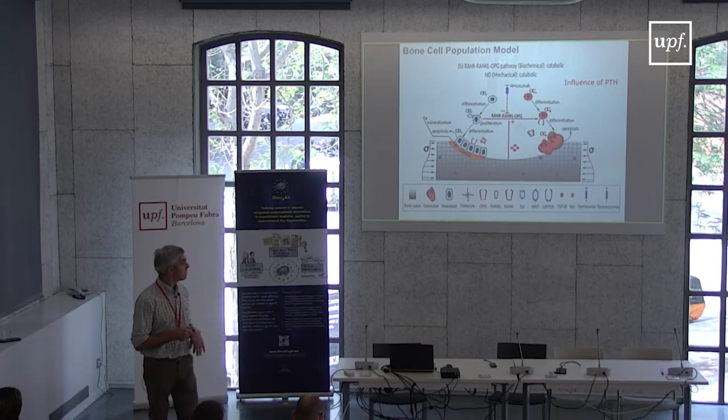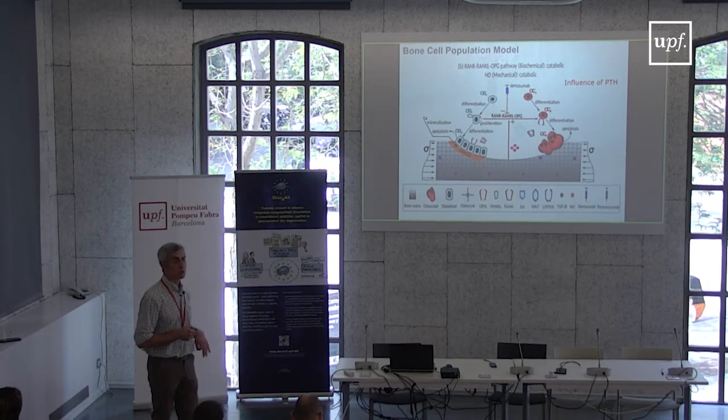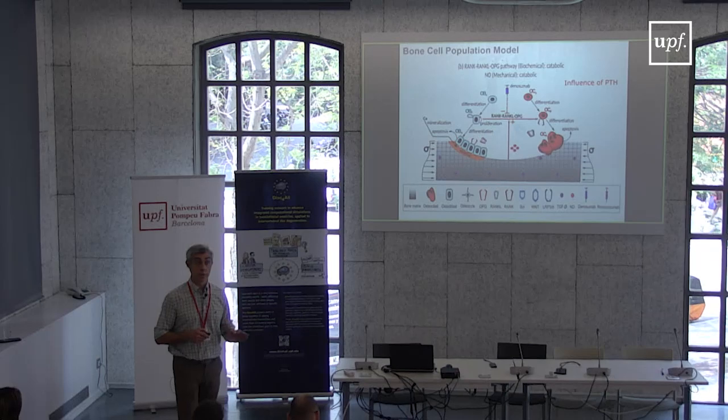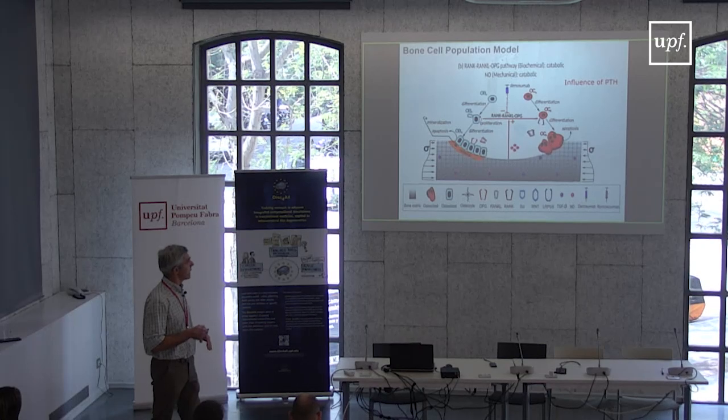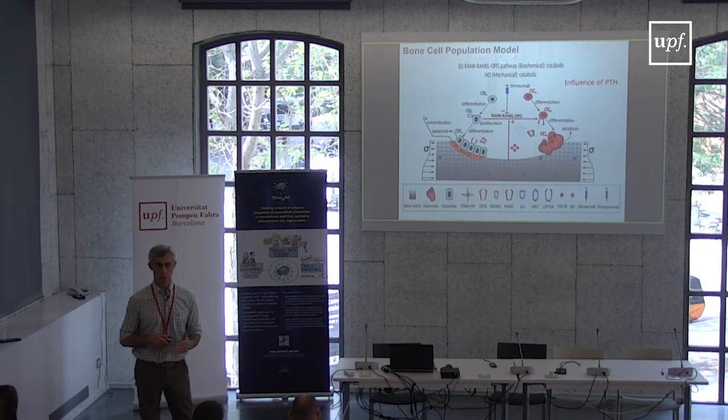So this final step of differentiation is driven by the binding of RANK and RANK ligand. So if you have RANK ligand, then you will end up having many osteoclasts.